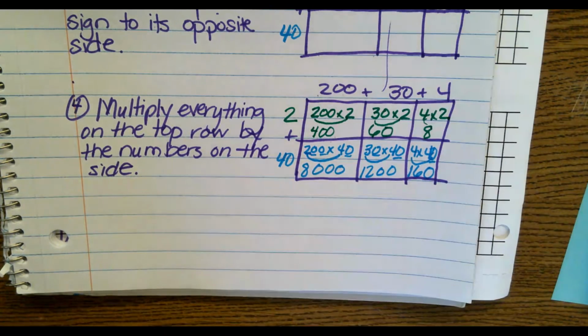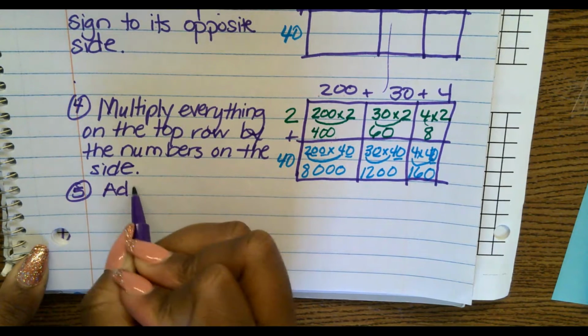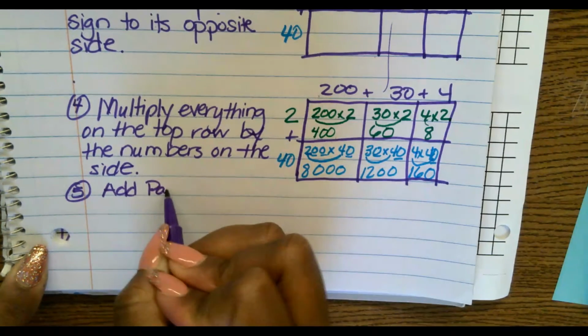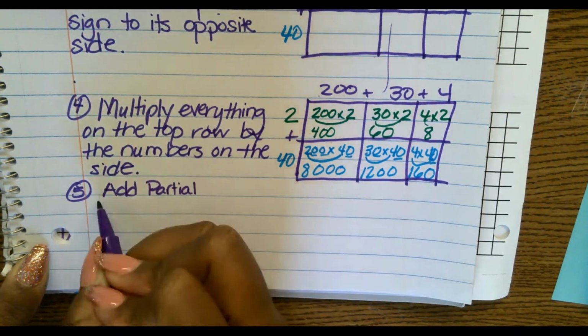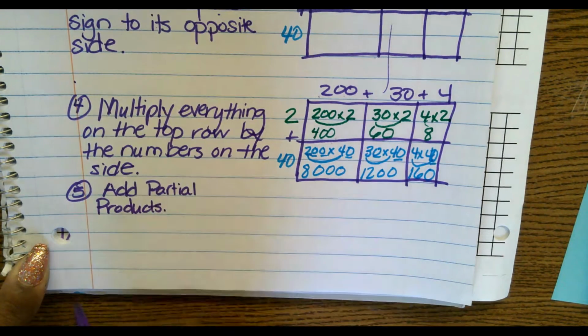So step 5, add the partial products together. And I need you to do this in a very specific way.